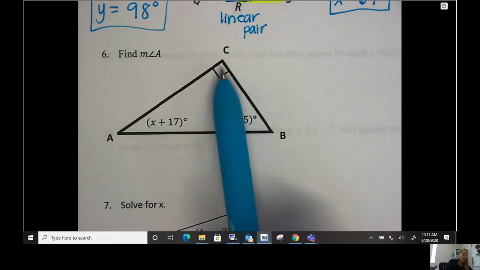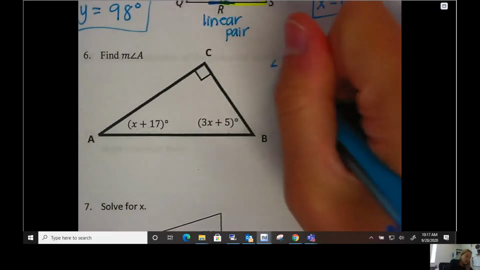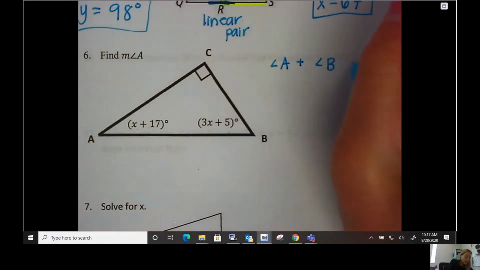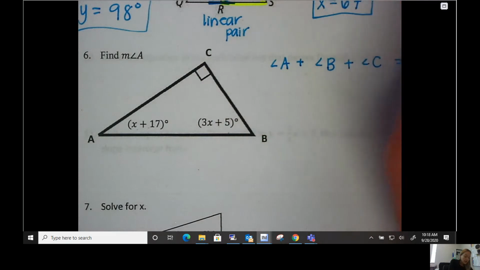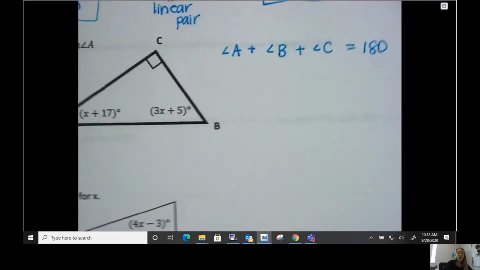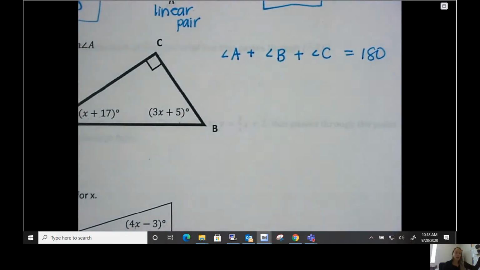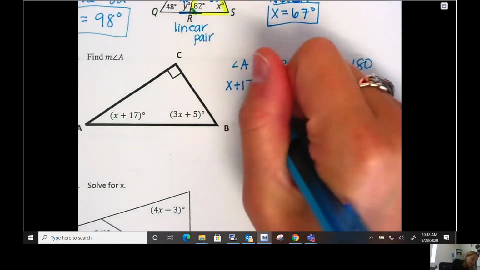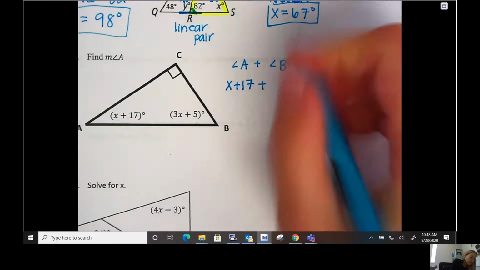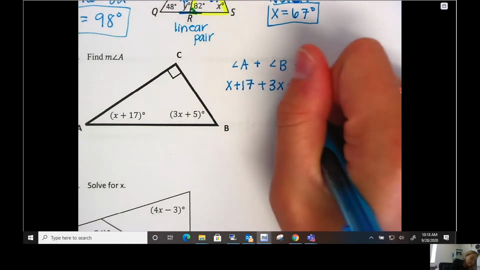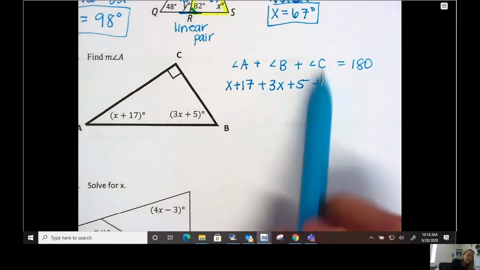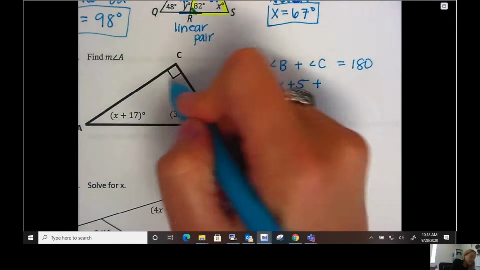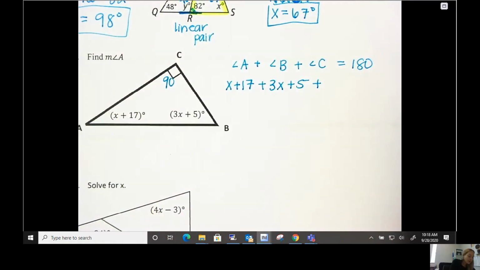So I'm going to add angle A plus angle B plus angle C, and I should get 180 degrees. Angle A is given to me, it's x plus 17, plus angle B is 3x plus 5, plus angle C has got this box, which means it is a 90-degree angle. It's a right angle.